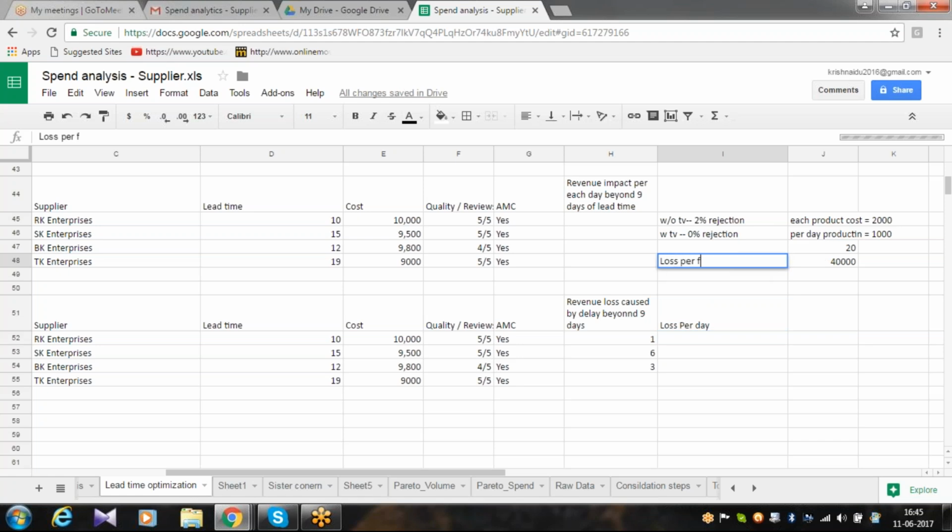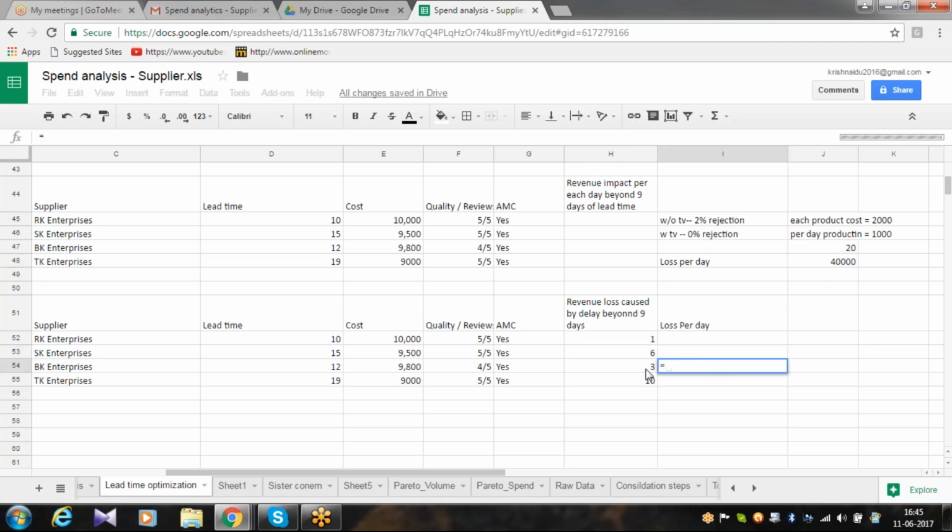Loss per day, 40,000. 1 into 40,000, so 6 into 40,000 is 2,40,000.